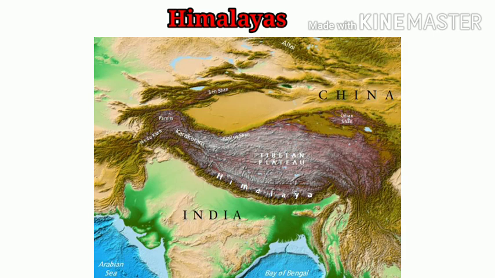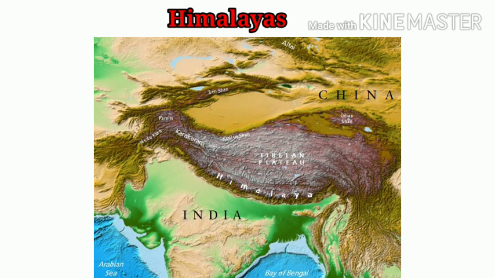So in this way, the Himalayas become a barrier against the harmful winds coming from Central Asia, and they help our monsoon winds shed rains in India only.